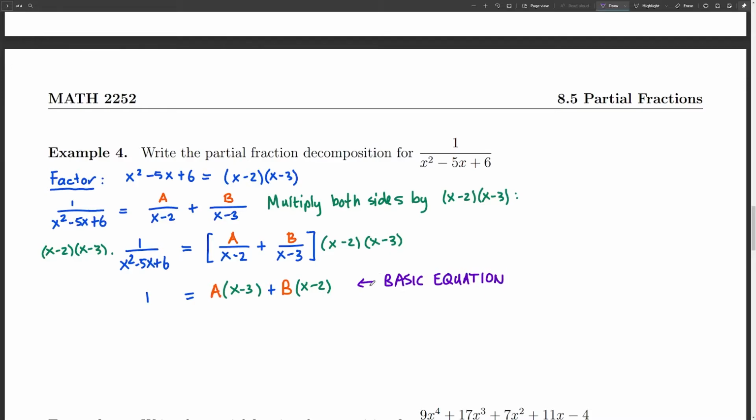Now, one thing to notice is that this basic equation has to hold for all values of x. So what we're going to do here is pick some smart values for x that will make our life easier.